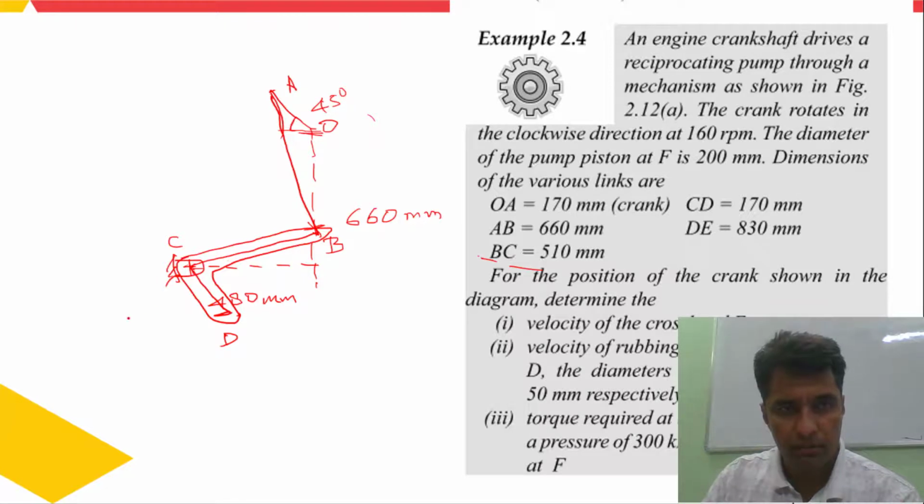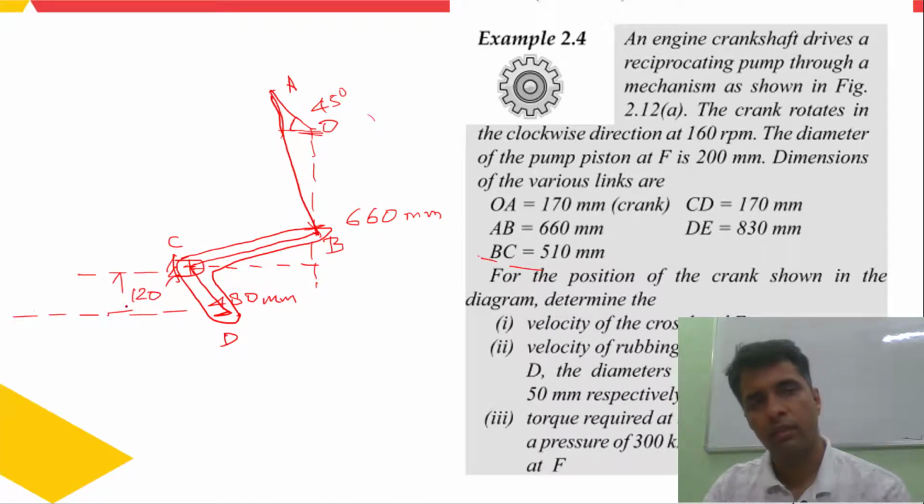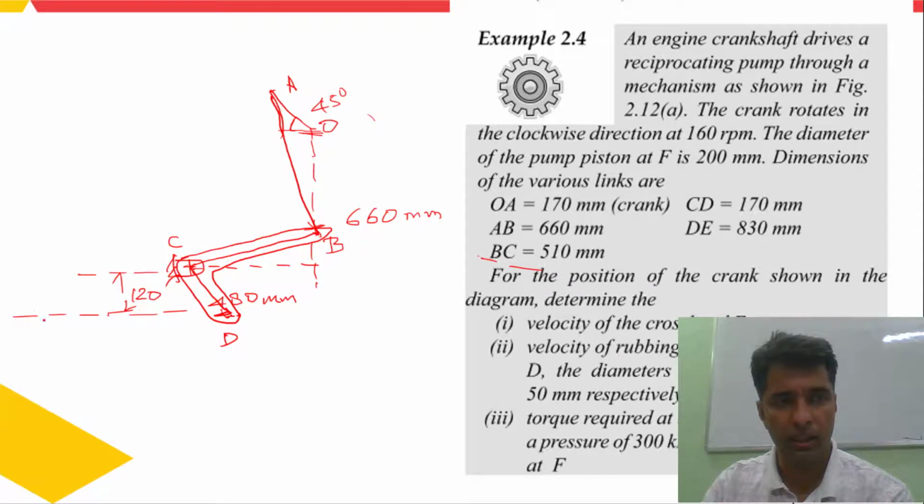Now in the problem it is mentioned that with reference to this point C, the path of the crosshead is 120 mm below this line. So this distance is also given in the problem, 120. So I can move 120 mm downward, and then from the bell crank lever point D, the distance DE is 830 mm. So mark an arc of 830 mm.